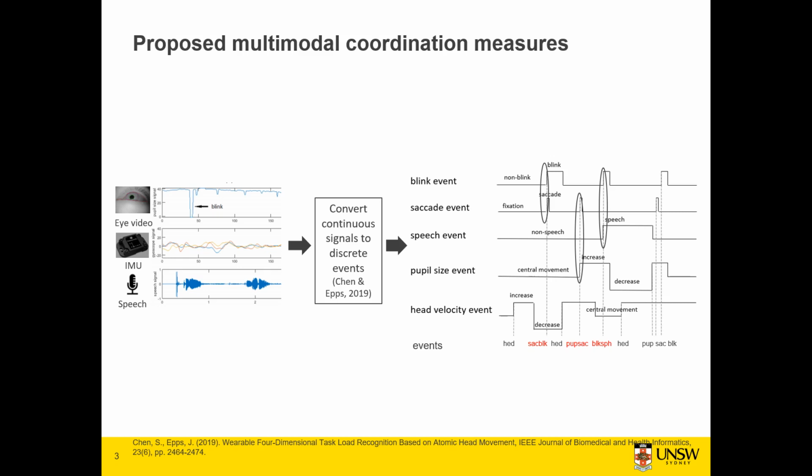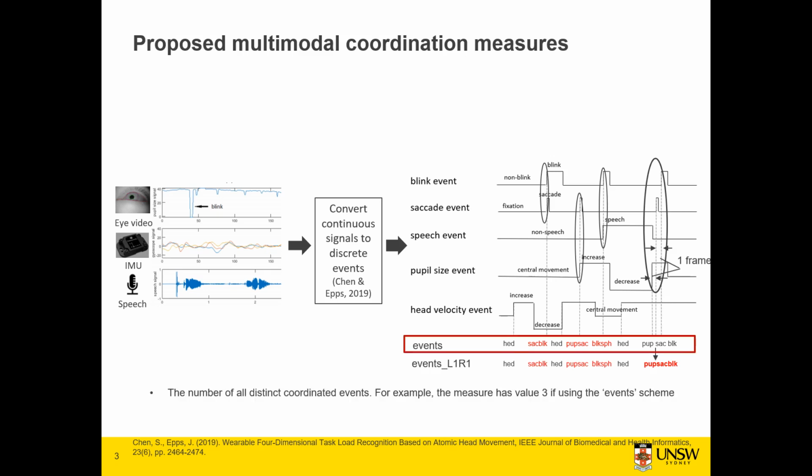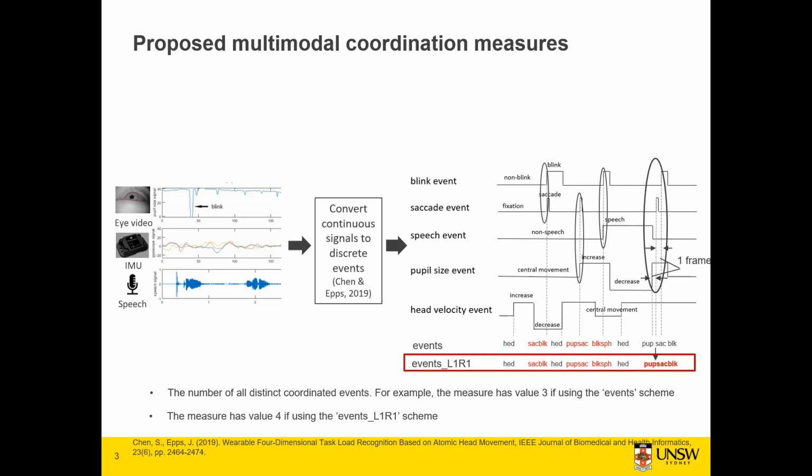To compensate for synchronization error and resolution mismatch, we use a tolerance window, where events falling in this window are a coordinated event. Finally, we count the number of all distinct coordinated events as a measure. For example, the measure is 3 if we use the events scheme, and it is 4 if we consider the tolerance window.